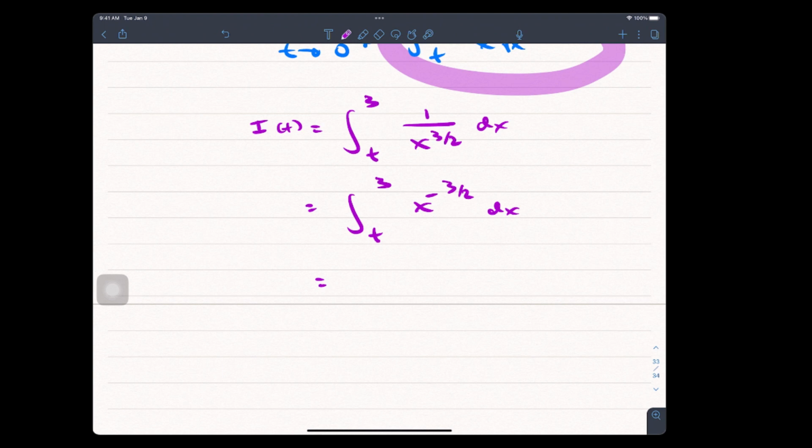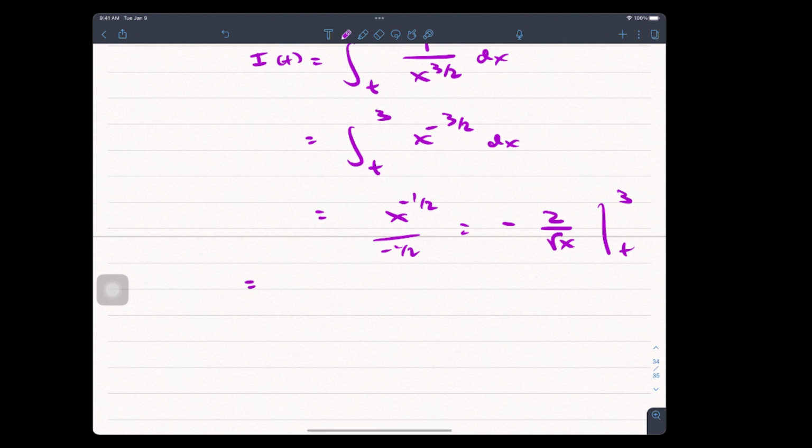If I add 1, what is this? Negative 1/2 divided by negative 1/2. What is that going to be? Is that negative 2 over the square root of x? I think so. From t to 3. So negative 2 square root of 3, and that's going to be minus a minus if you wanted to see every detail.